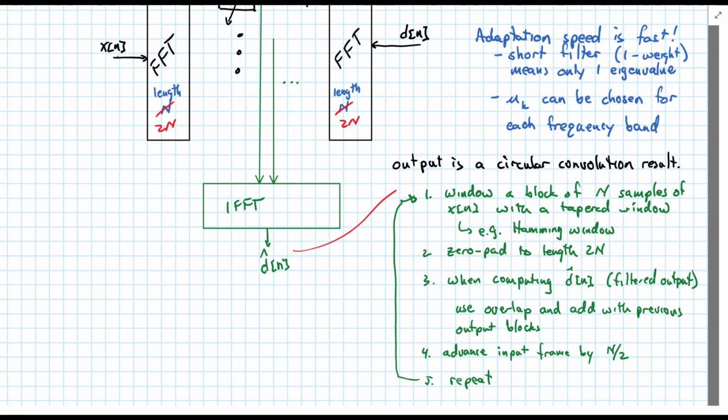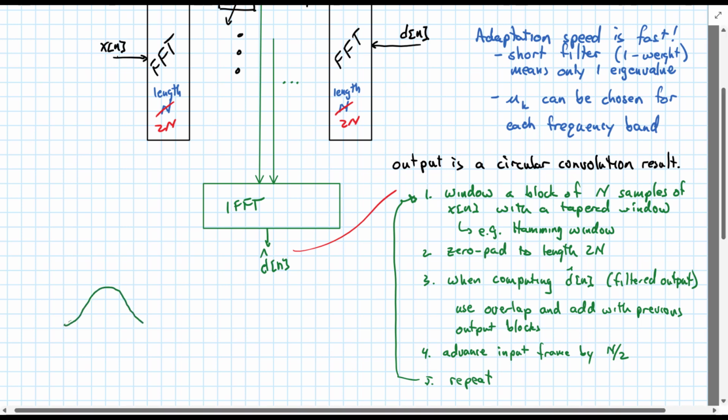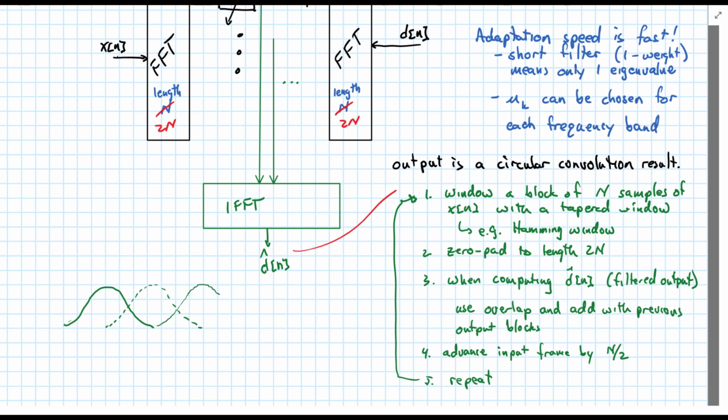So to summarize, we will take a block of n samples of our input, x of n, and we will window them with a tapered window like the Hamming window. The nice thing about the Hamming window is it's a raised cosine, and if we add offset versions of it by length n over 2, they sum to 1.